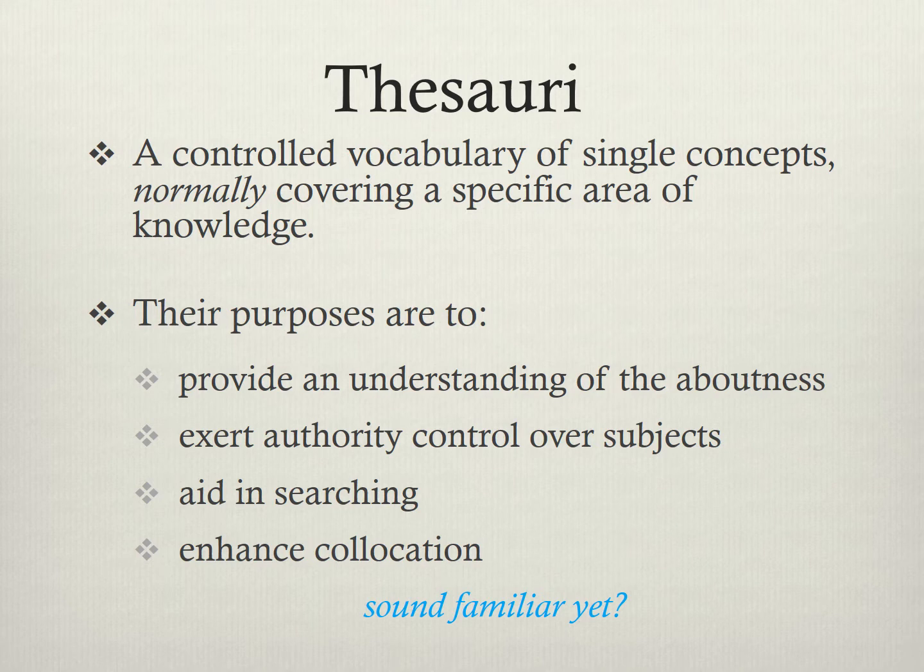And these relationships are employed reciprocally. So if you have a term and it links to another related term, whenever you list that related term, you also have to link back to the other term in the other direction. So that works for broader, narrower, related terms.